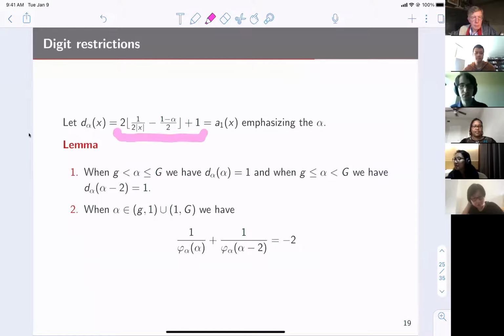So in the case we have here, except for on the endpoints, the first digit of alpha is 1 and the first digit of alpha minus 2 is also 1 in absolute value. One of these is positive and the other is negative. And if we iterate that map once, we take phi alpha of both of the endpoints and add their reciprocals, you get minus 2.